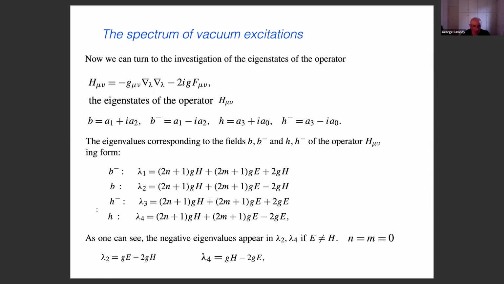And in the lambda 4, again, if we put n and m equal to 0, we will get gh coming from here, and ge minus gh, so it will be again ge minus gh. So there is no 2 here and no 2 here. So what you see here is that if E is not equal to H, then we have a negative mode in lambda 2 and lambda 4.